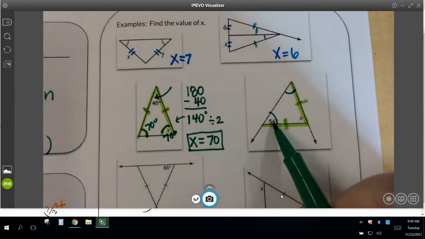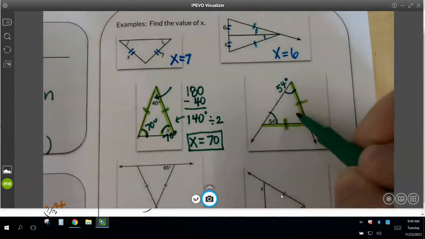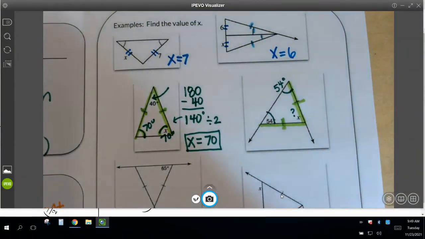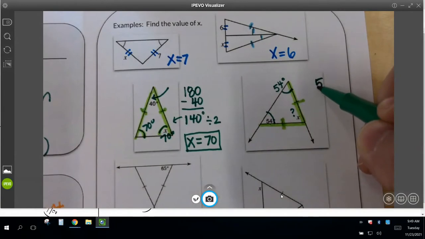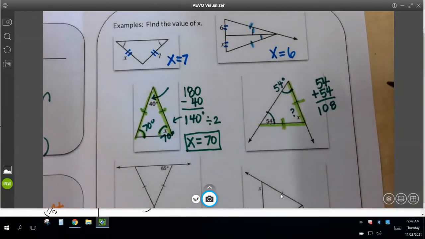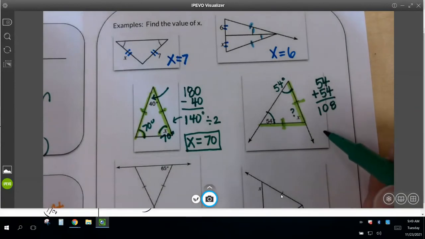So this angle is 54. This angle is 54 up here. What is the measure of x is the question. What is the measure of the vertex angle? So if we find out what 54 plus 54 or 54 times 2 is, which is 108 degrees, we can find out what the vertex angle is by subtracting 108 from 180.